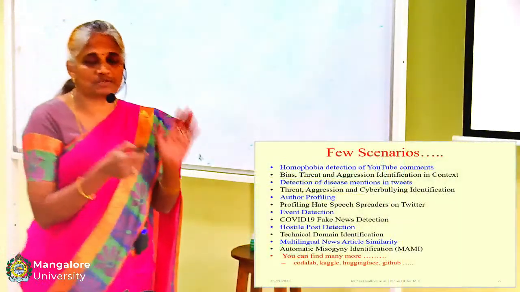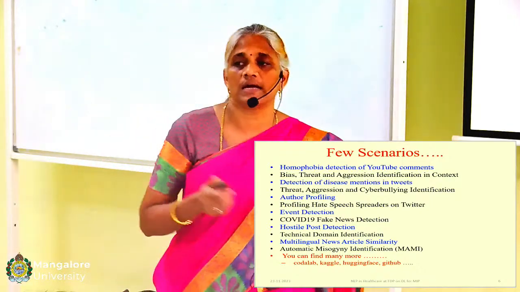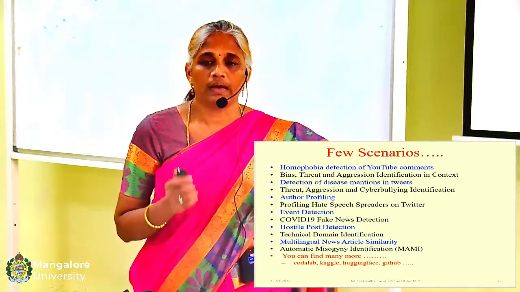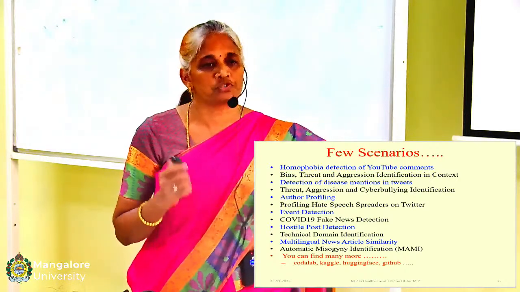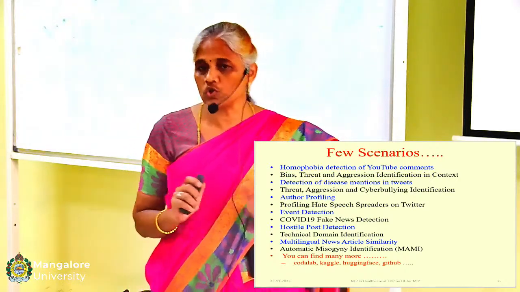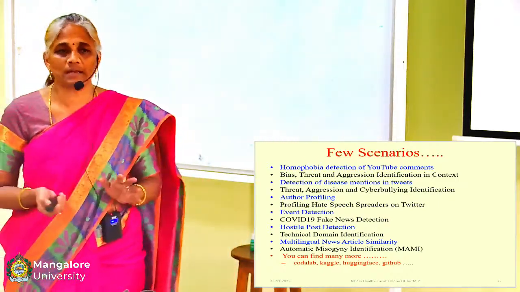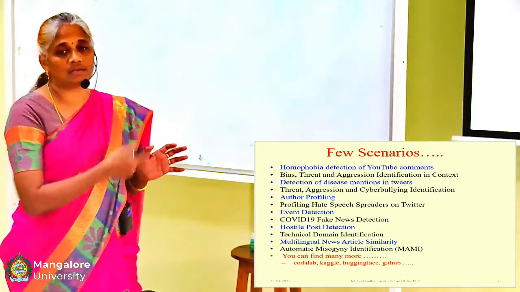The difference between conventional text and social media text is that social media is open for free. Anytime, anyone can post anything. There is no strict rule, there is no moderator. So anybody can post anything, and that has resulted in so many things.